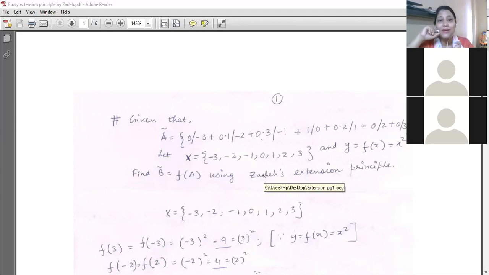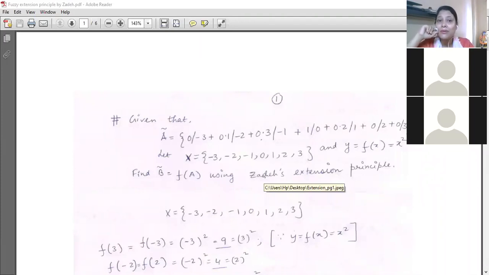That is why we can express this fuzzy set as, in the bracket, the degree of membership, oblique, the linguistic variable, comma, then again the degree of membership value at x equal to x2, oblique, the linguistic variable value x2, and comma, and so on.